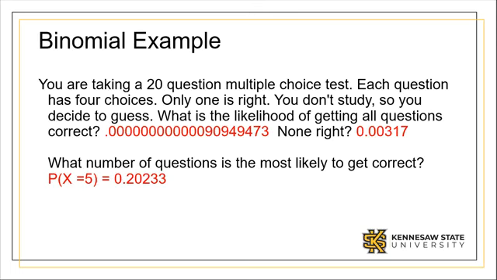Note that this is not absolute 0. None correct means x equals 0. So we get 0.00317. If we make a binomial table for this problem, we see that x equals 5 gives us the highest probability of about 20%.